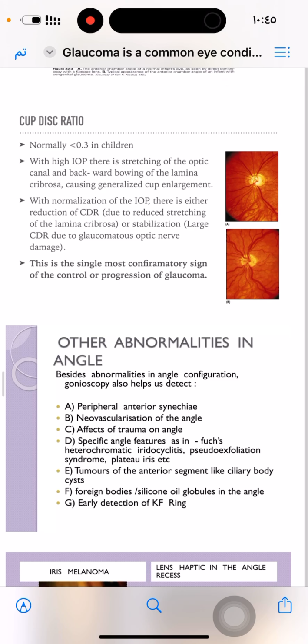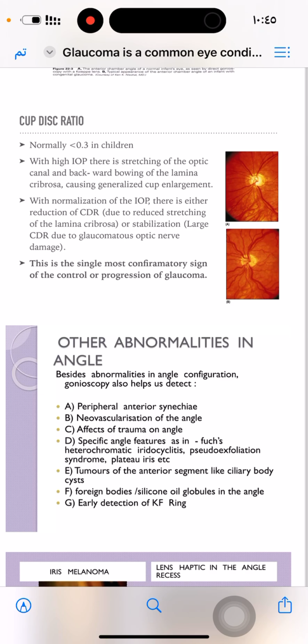Cup-to-disc ratio is normal at less than 0.3 in children. If there is high intraocular pressure, the optic canal is stretched, appearing as a backward bowing of the lamina cribrosa, and we see enlargement of the cup.